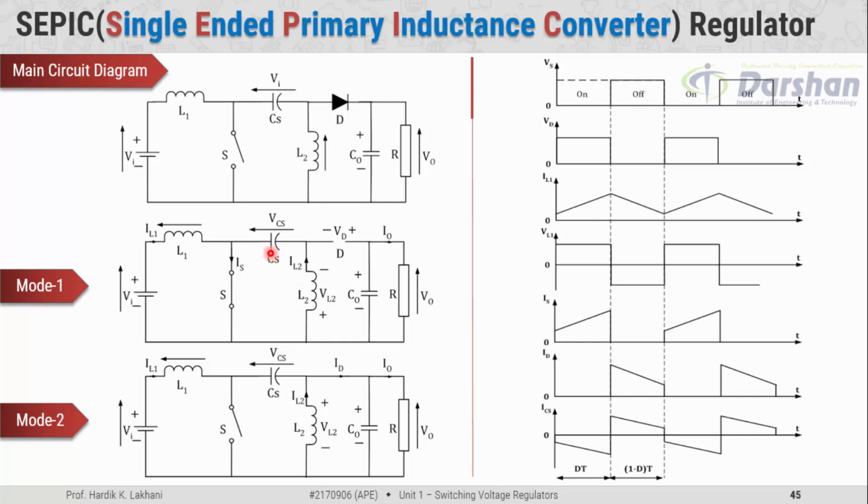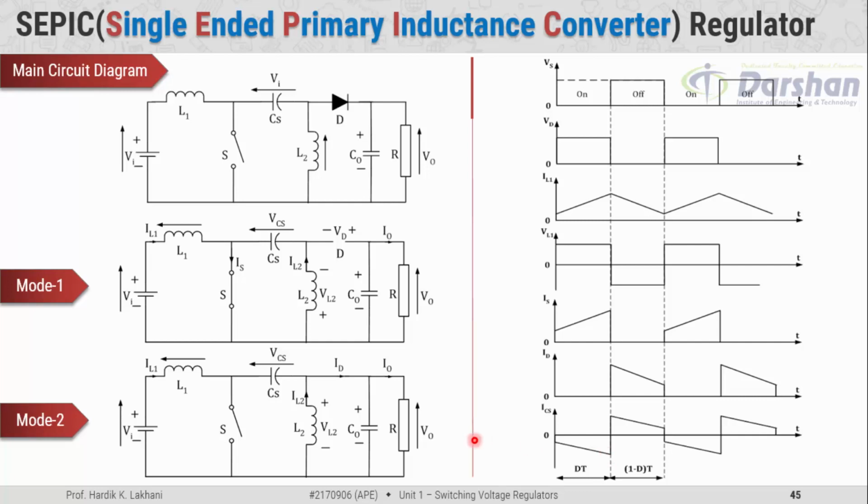So the behavior of the current through the capacitor Cs is the same as the current through the inductor L2, but the direction of the current is reversed when the switch is in the on state condition.